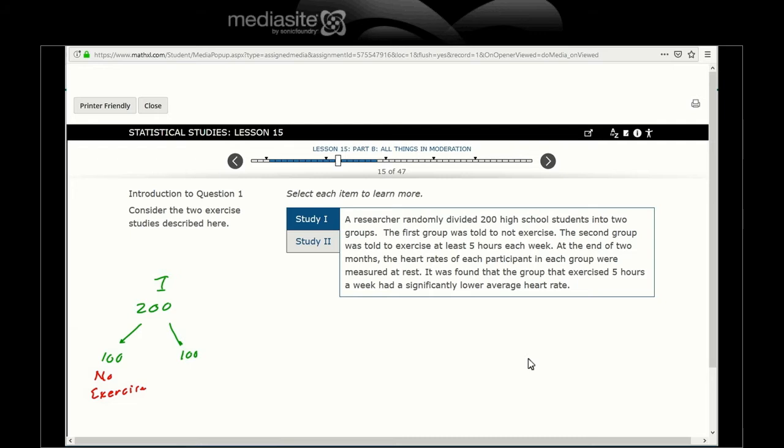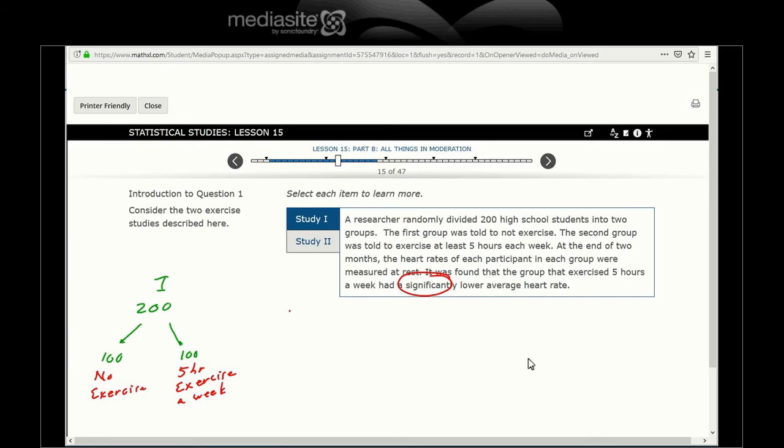Second group was told to exercise at least 5 hours a week. At the end of 2 months, the heart rates of each participant in each group were measured at rest. It was found that the group that exercised 5 hours a week had a significantly lower average heart rate.